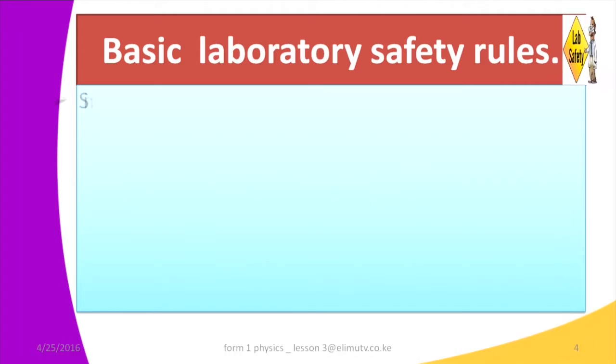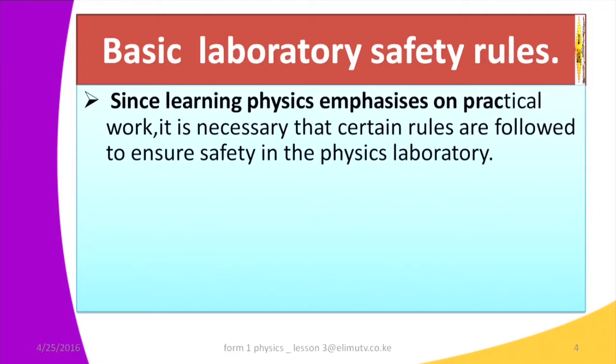The basic laboratory safety rules come from this statement: since learning physics emphasizes practical work, it is necessary that certain rules are followed to ensure safety in the physics laboratory, because physics is a science that deals with practicals. It is a hands-on subject that requires the use of hands and movements.